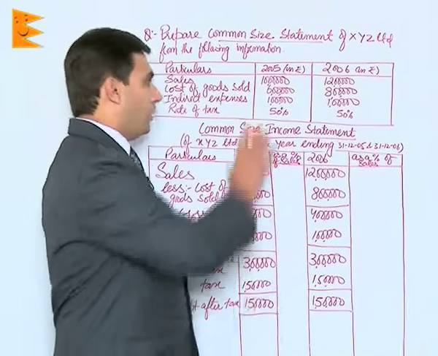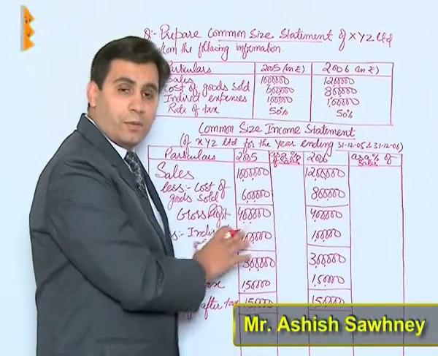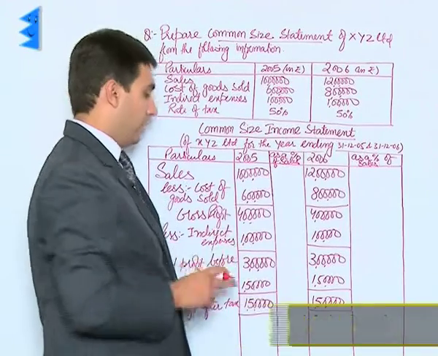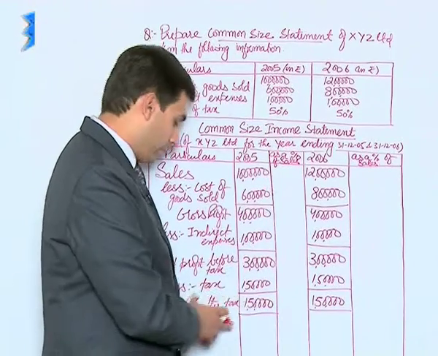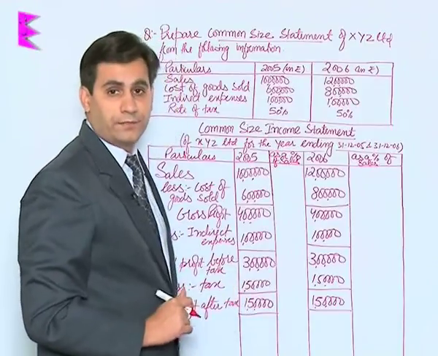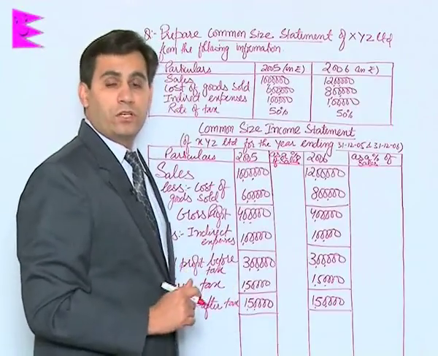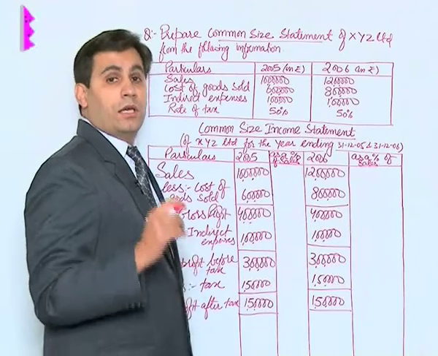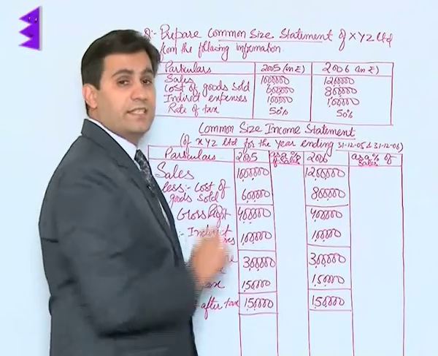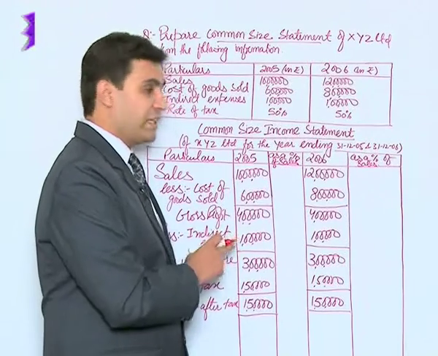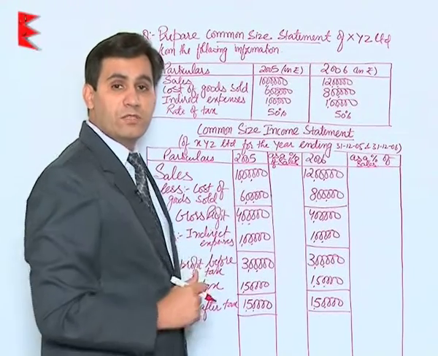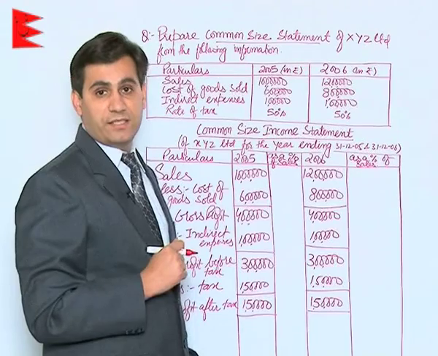So students, all the figures that were given here have been accommodated in this format. We have calculated gross profit, net profit before tax, and net profit after tax. Now coming to the calculation of percentages. Remember students, it is a common size income statement. In this case, all the percentages for the respective years will be calculated on a common base.